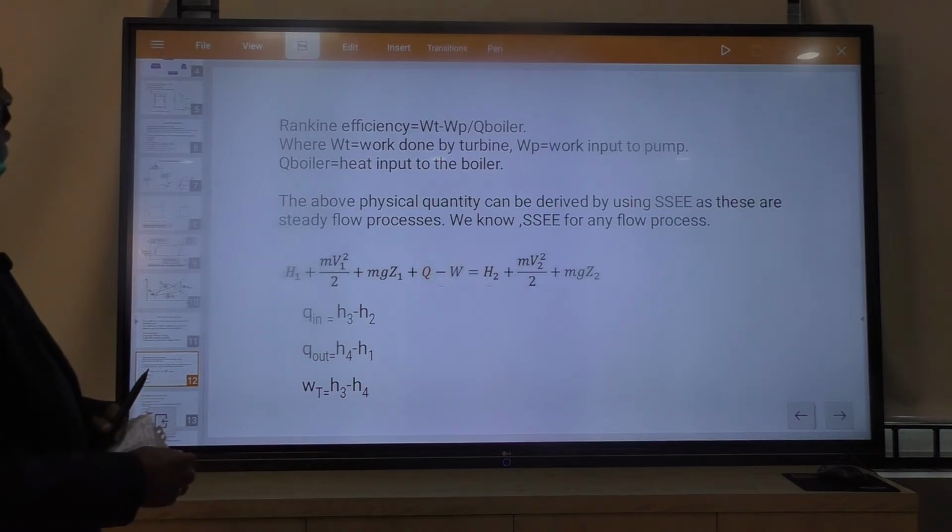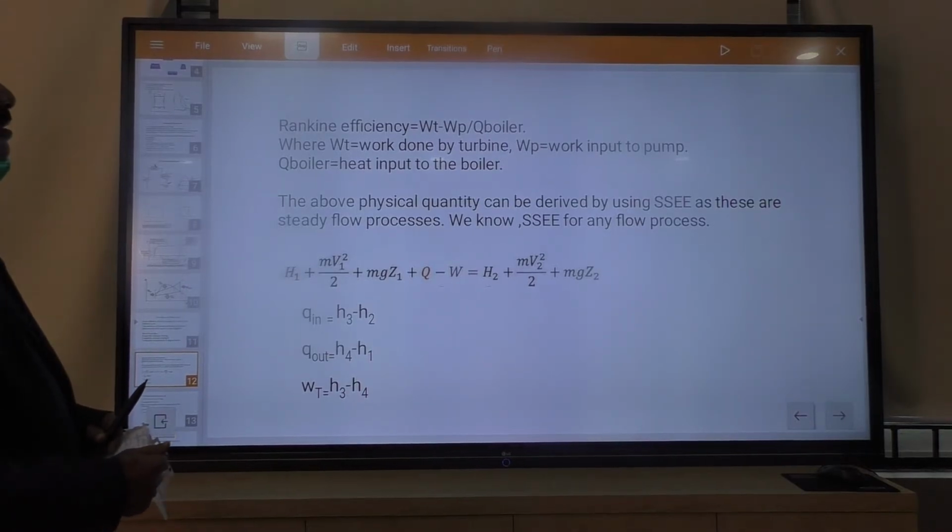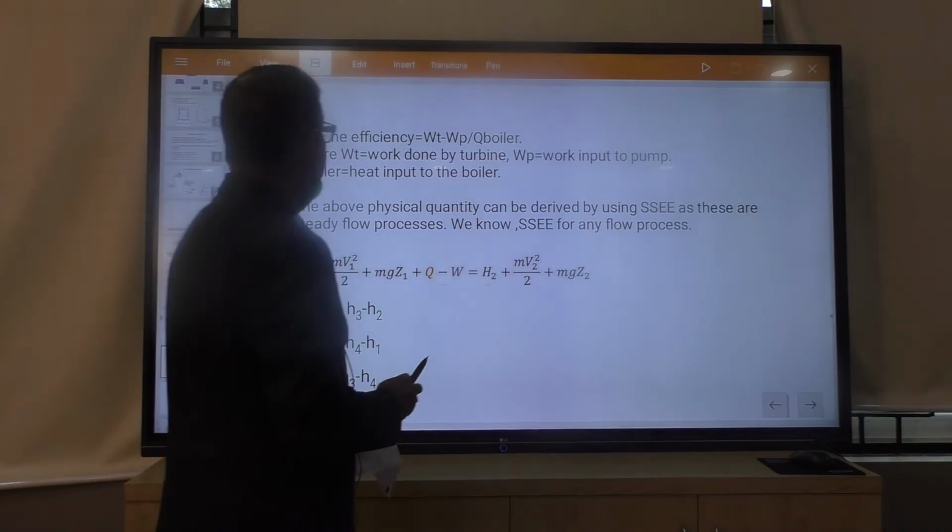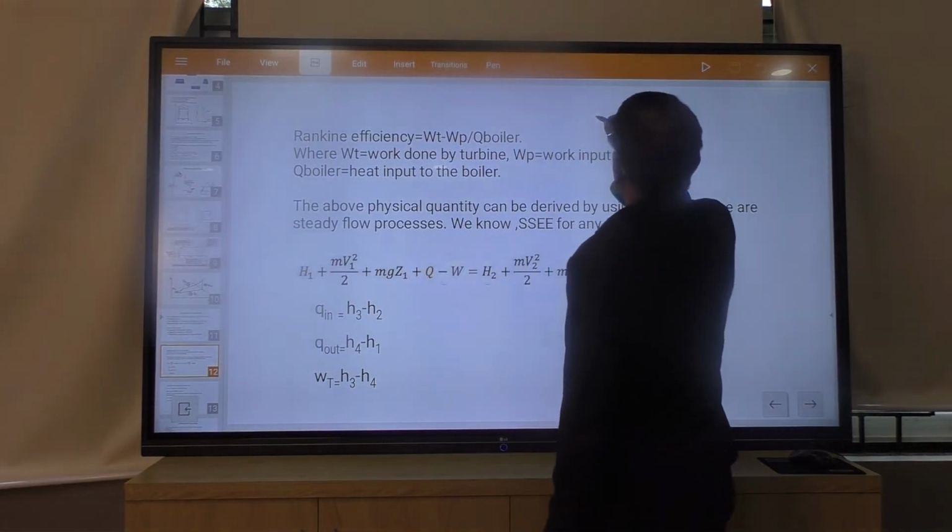The above physical quantities can be derived by using the steady state energy equation.